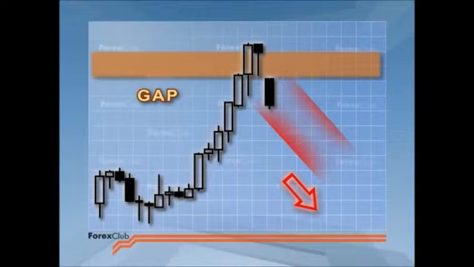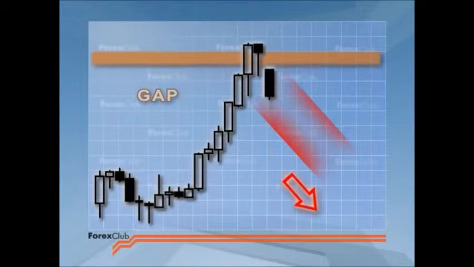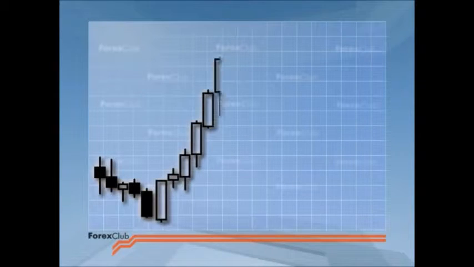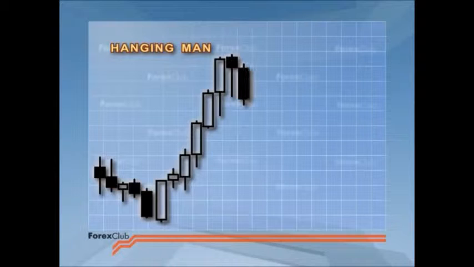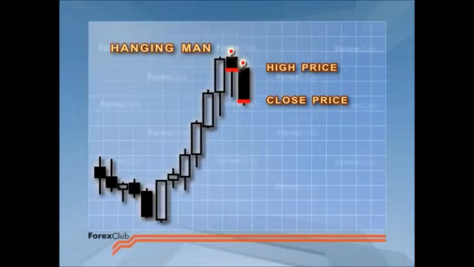Of course, we know that price gaps are less frequent on the Forex market than they are on the commodities and equities markets, and for Forex, an alternative bearish confirmation is that the candlestick following the hanging man is black, with price maxing and closing lower than the hanging man's max and close.